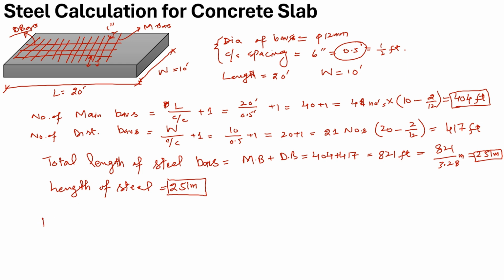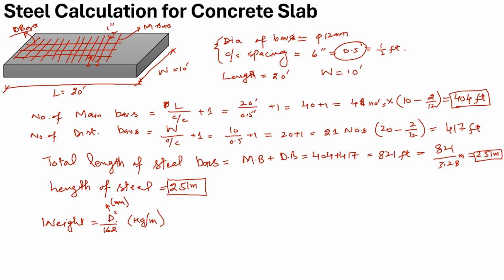So how can we determine the weight of steel? That is equal to d square by 162, and here you will use the value of d in millimeters. This will give you the answer in kg per meter length of the steel.